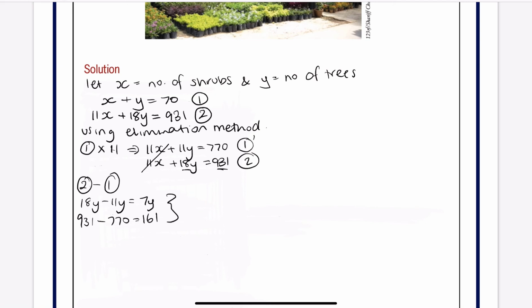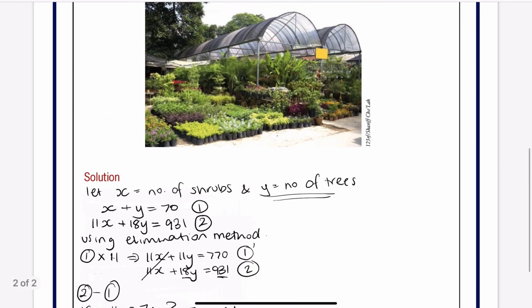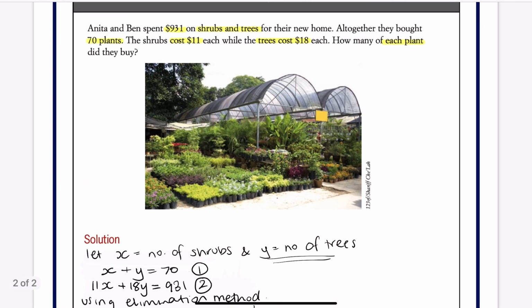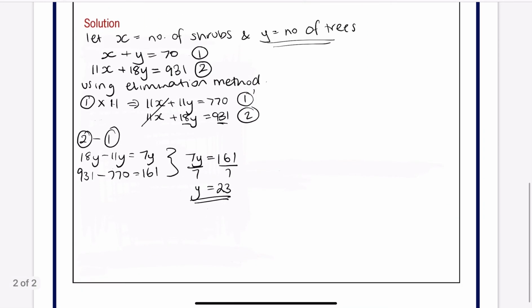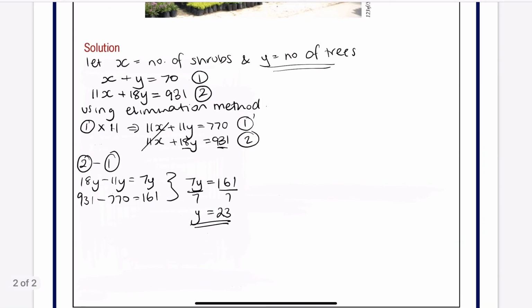So 7y equals 161. Divide by 7 on both sides, and y equals 23. Going back to what our y means, y is the number of trees. Therefore, we have 23 trees. But our question asks how many of each plant they bought.